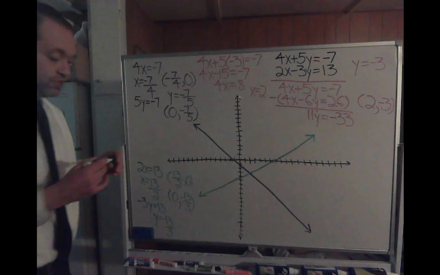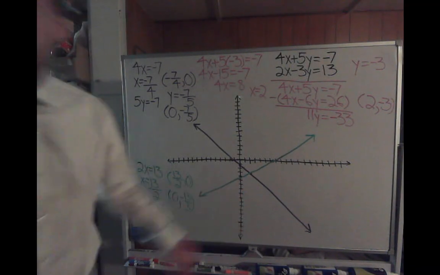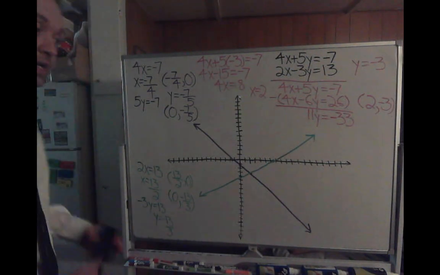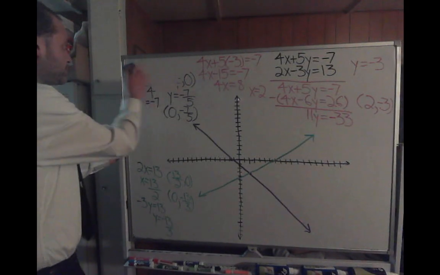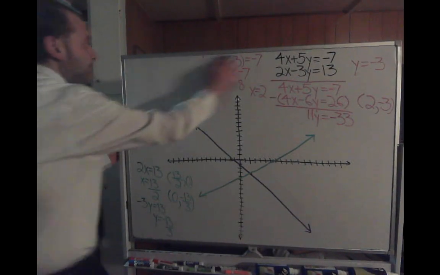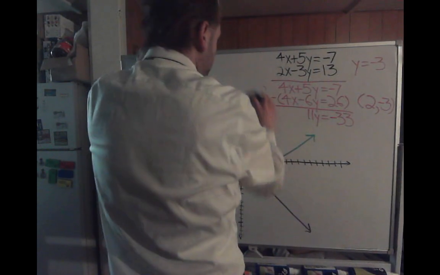So there are the two lines together with their point of intersection at 2, -3. And then I've got one more problem, then we're done. I'm sure, much to everyone's relief, we'll be done.